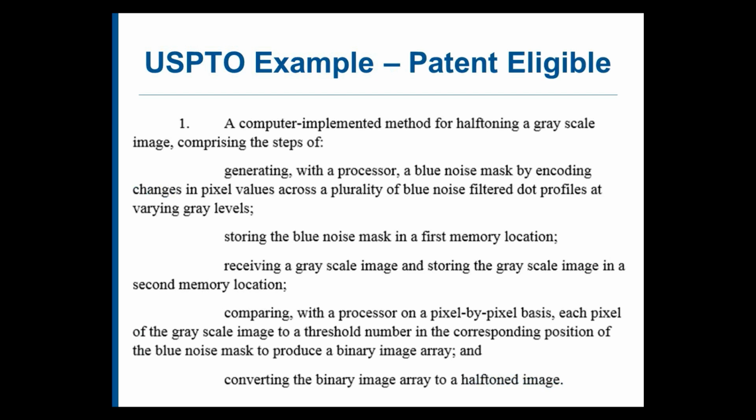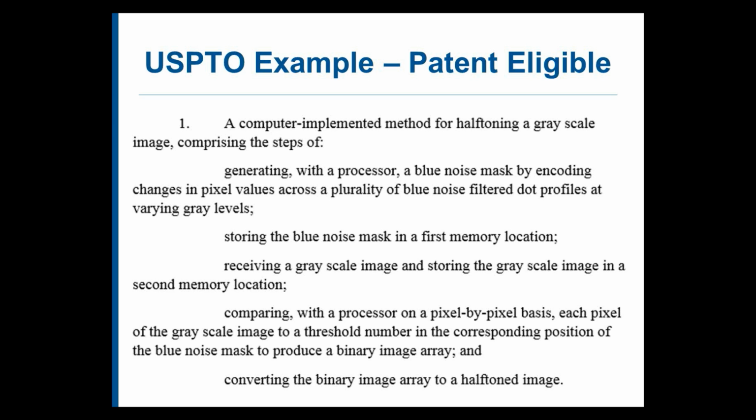Now, I wanted to provide just one example of the claims from the particular example set. Now, this is an example of a claim that was ultimately determined in the examples document as being patent eligible.